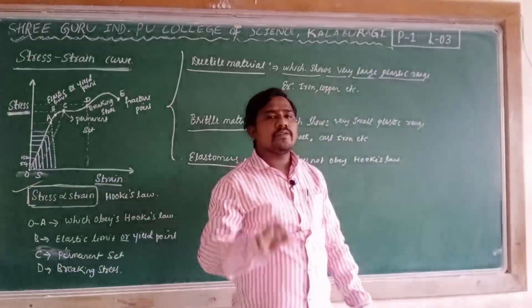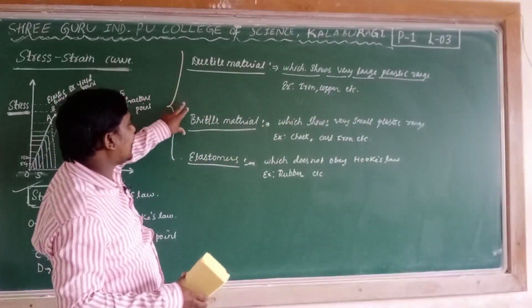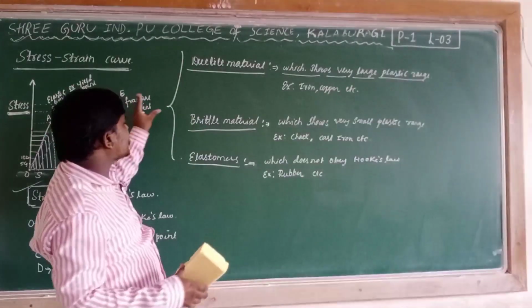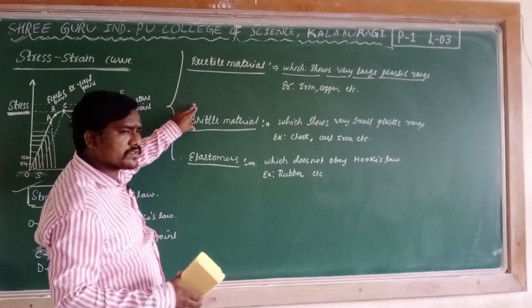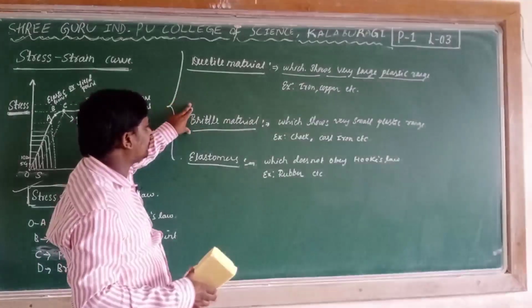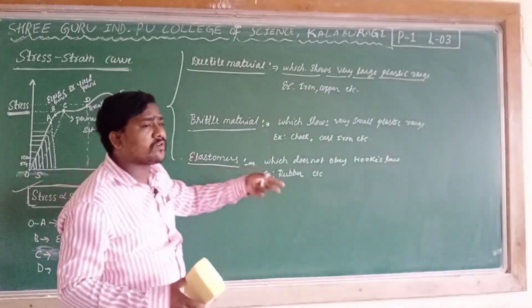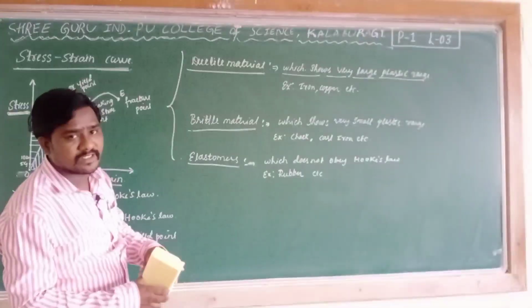Materials which show a very large plastic range we call ductile materials. A material which shows a very small plastic range we call brittle materials. And the material which does not obey Hooke's law is called elastomers.